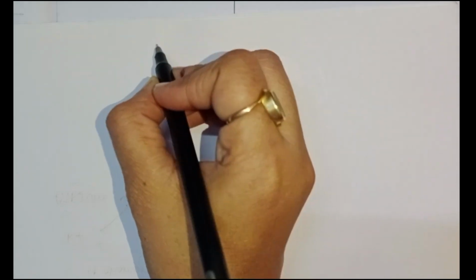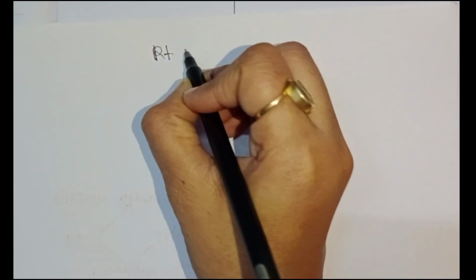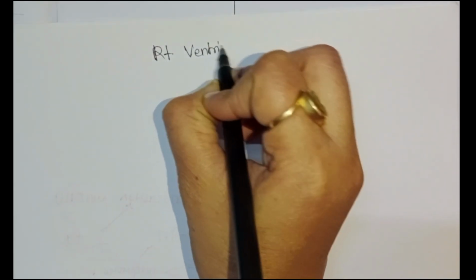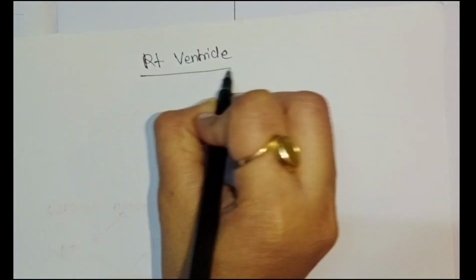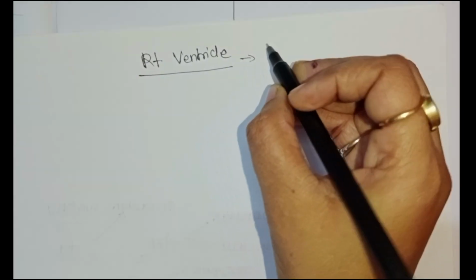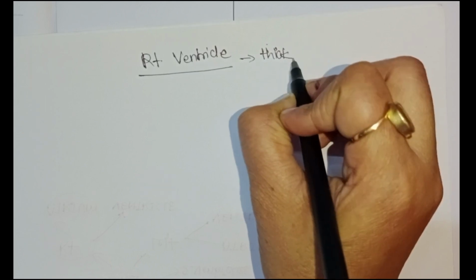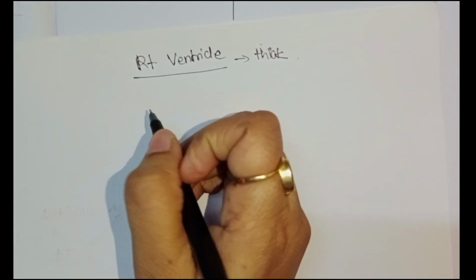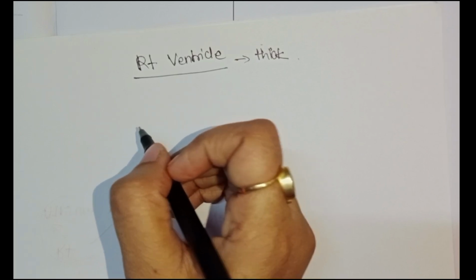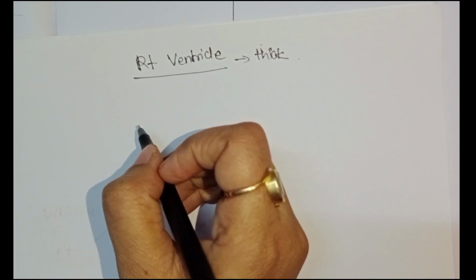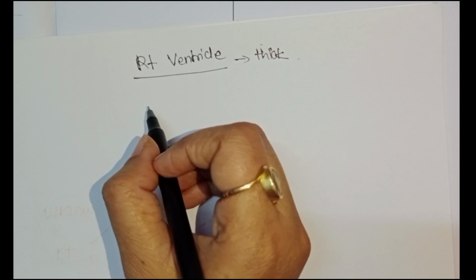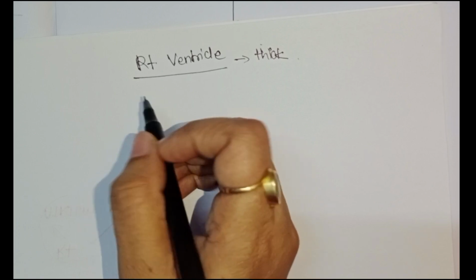Coming next to the right ventricle. The wall of the right ventricle is thick, and venous blood from the right atrium enters the right ventricle through the tricuspid valve.